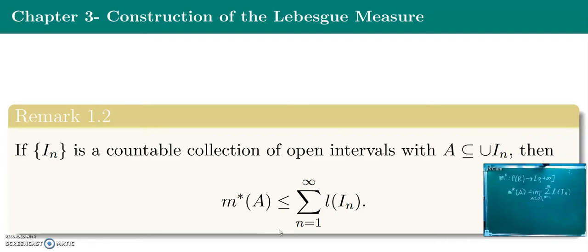Now we will be using the definition of the Lebesgue outer measure here. Because the Lebesgue outer measure of A is the infimum, and we all know that when we say infimum, it means the value is smaller or equal to the values of the set.